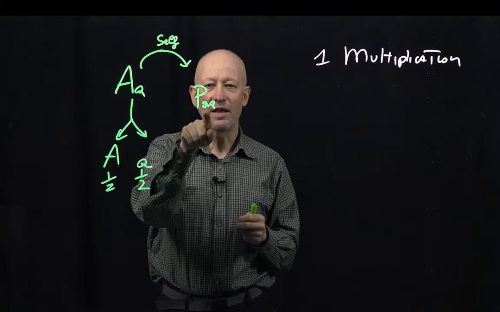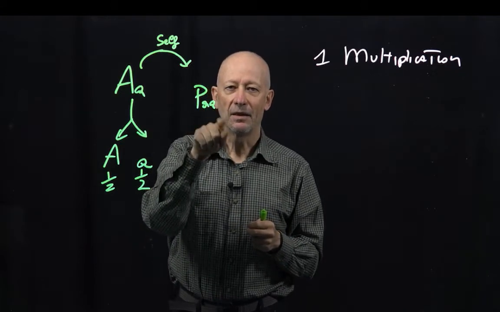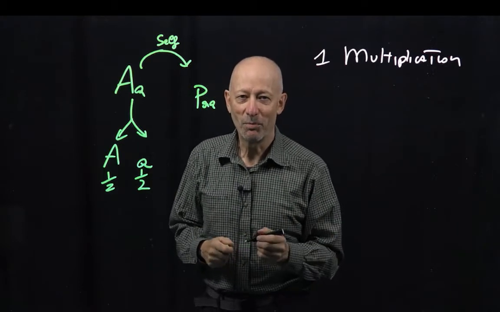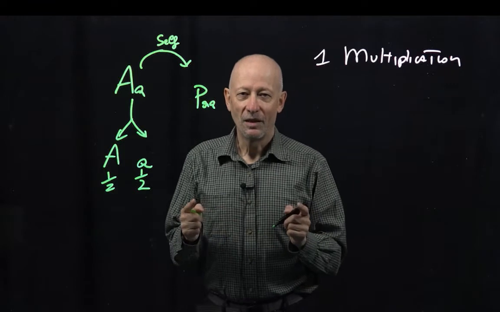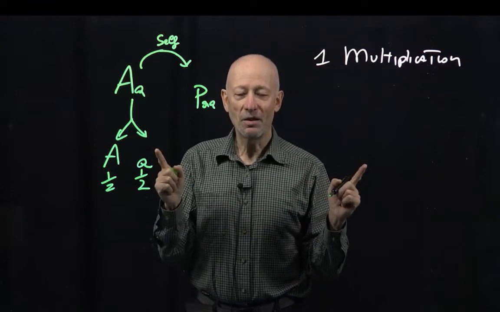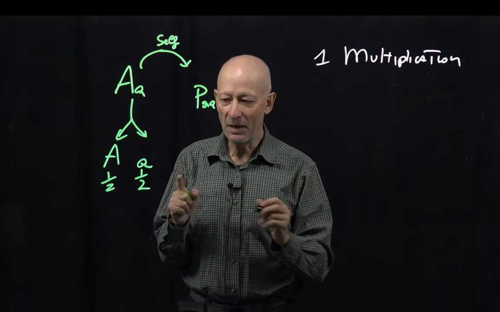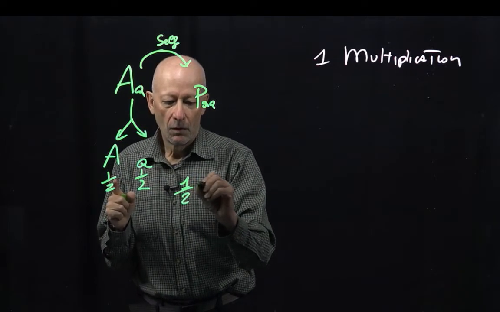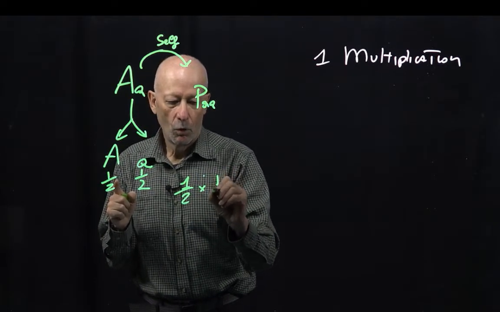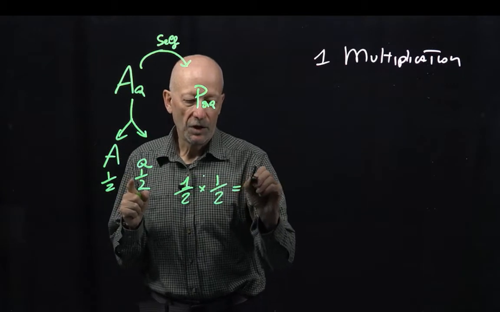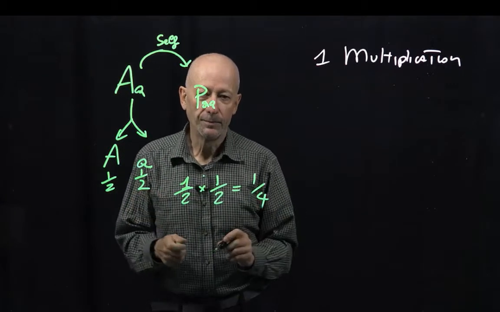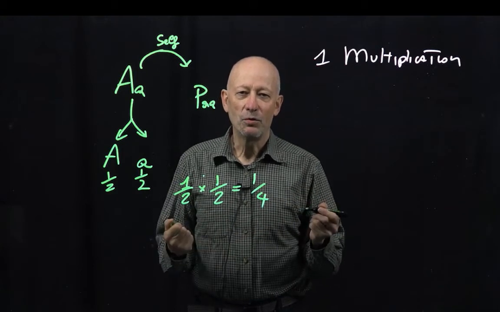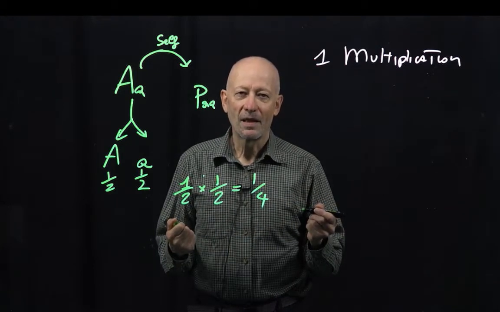What is the probability of getting a little a individual? This is the classical place where we apply the multiplication rule. The 2 gametes are independent of each other, so we multiply the probability, and it is 1/2 times 1/2 equal 1/4.